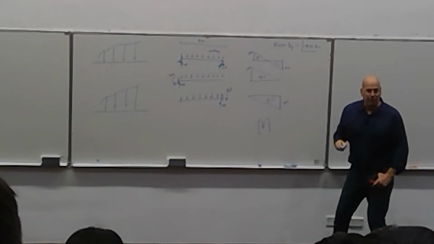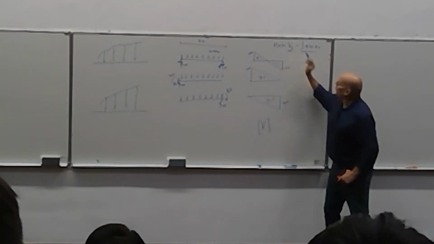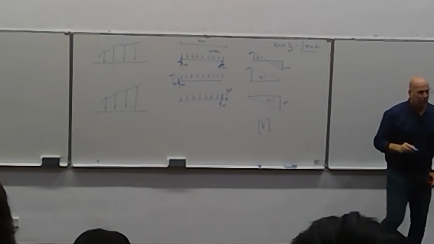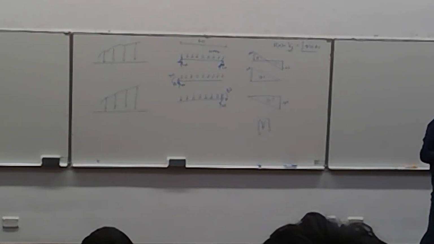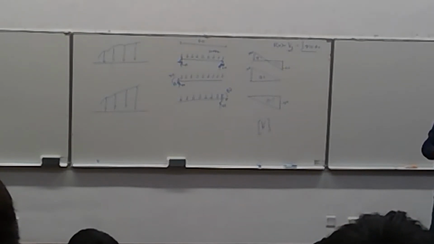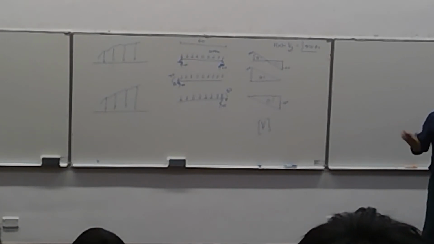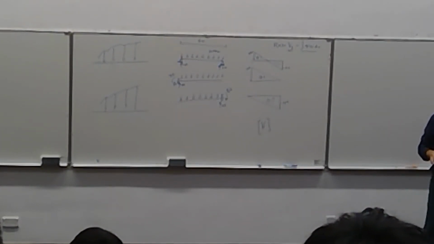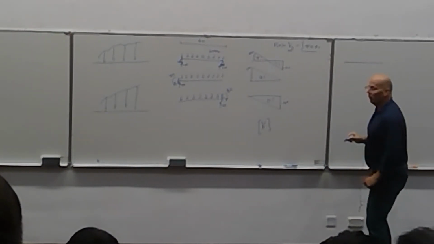So the only difference between this case and this case is what the starting value was. So these diagrams differ only by a constant. They are basically the same, just shifted a little bit up or down. A little shifting will give you all the diagrams. Now let's also do the bending moment diagrams for these cases.